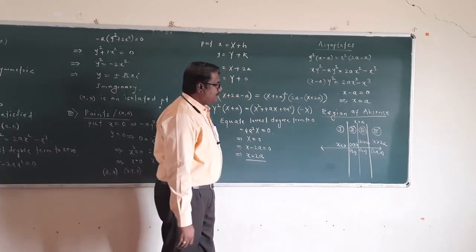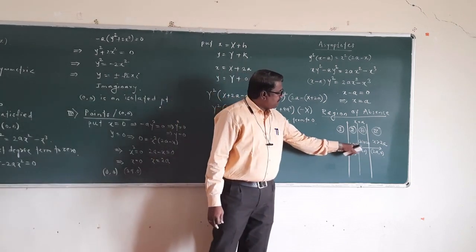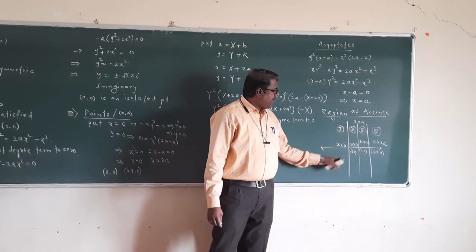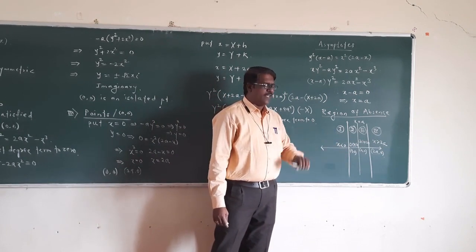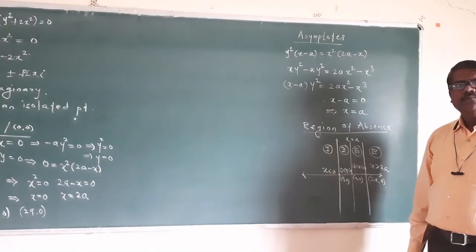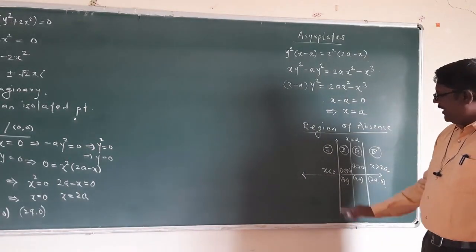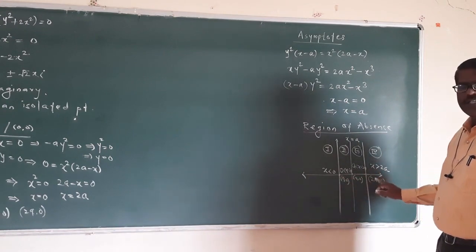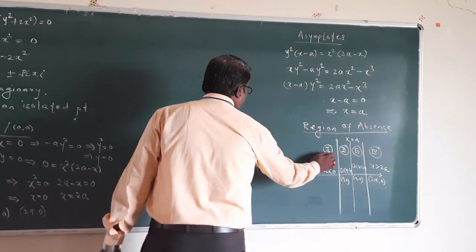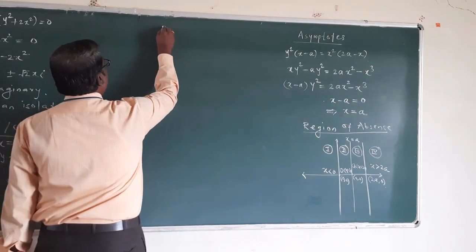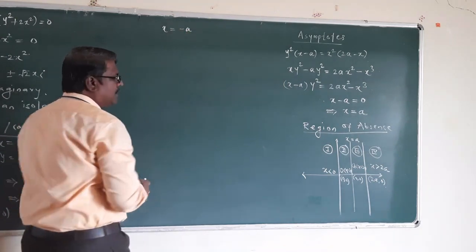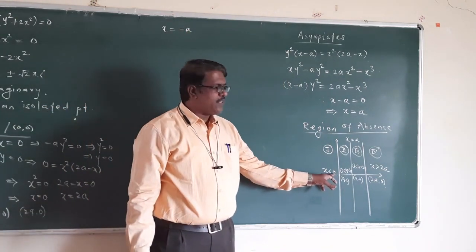Okay. Now in each partition we will choose one value of x, and accordingly we calculate y square. Now we will see some calculations. From the first partition I will choose the value of x as minus a, because the first partition is x less than 0.